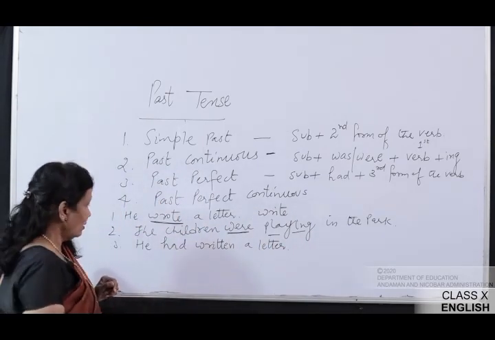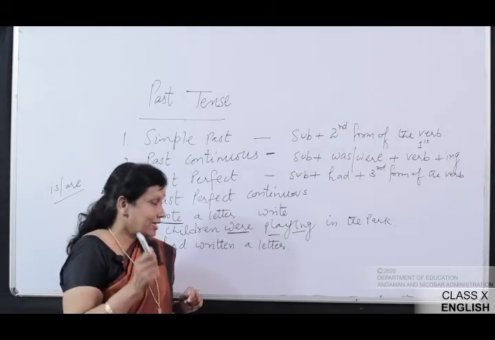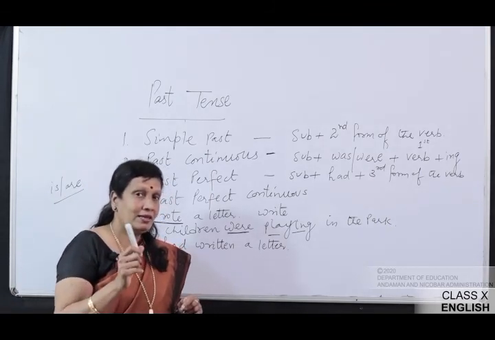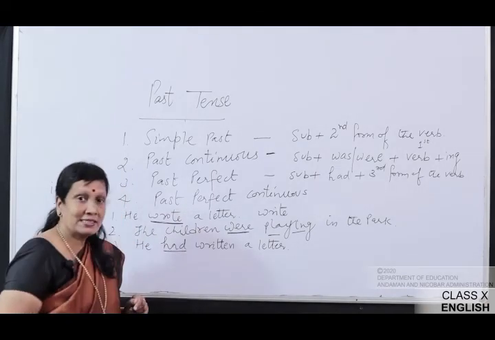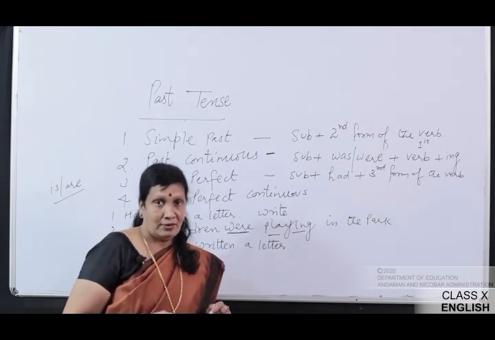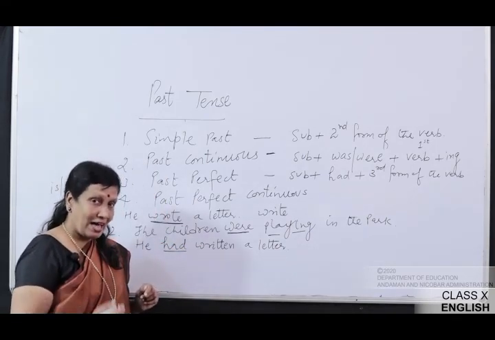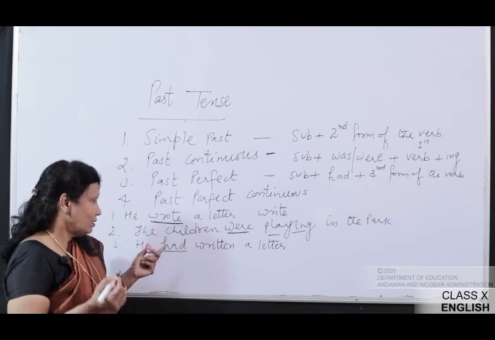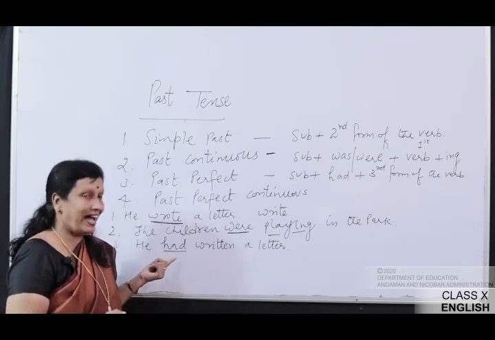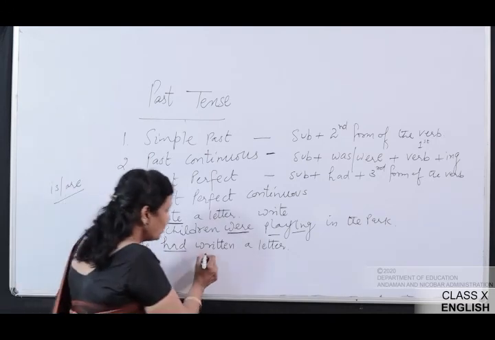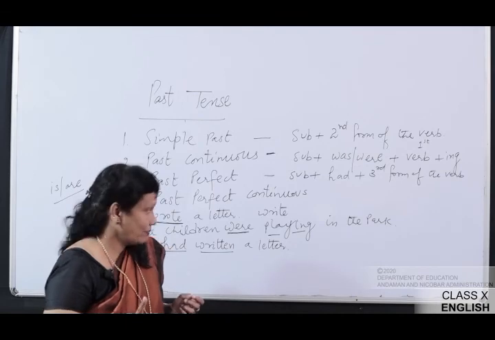Now if we remember the present perfect, he has written a letter. Now had is the past tense of have or has. The present tense and the past tense for both would be, as I had told you, had, and written is the third form of the verb write.